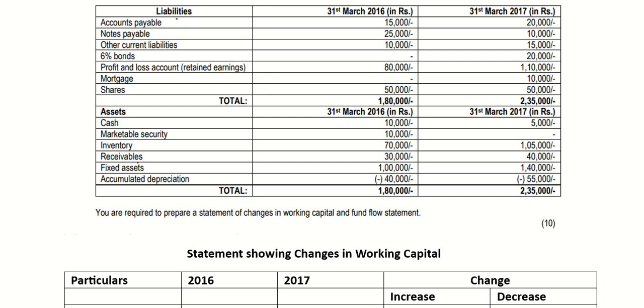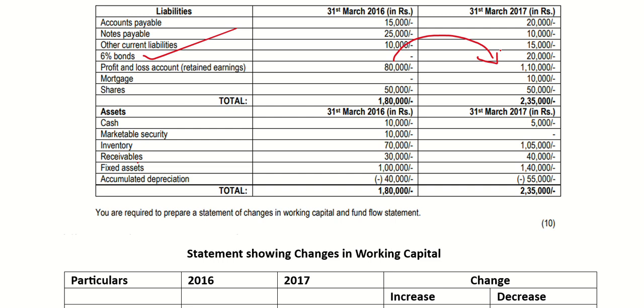Remember one thing, we are not going to consider current assets and current liabilities again. We have already considered them. Just leave it. We are not going to take this into consideration. We are going to see the non-current liabilities first. We have the 6% bond. The first thing you have to see is whether it increased or decreased, from 80,000 to 1,10,000.